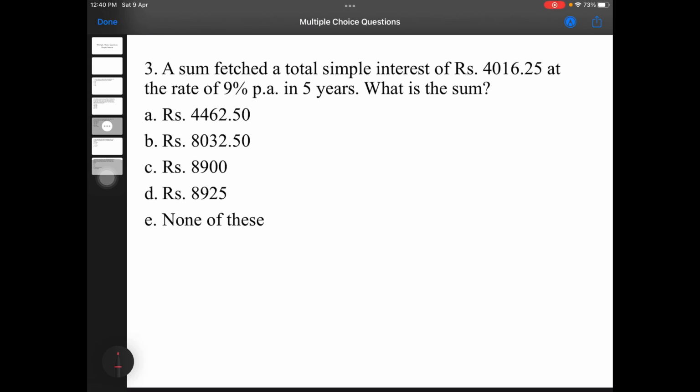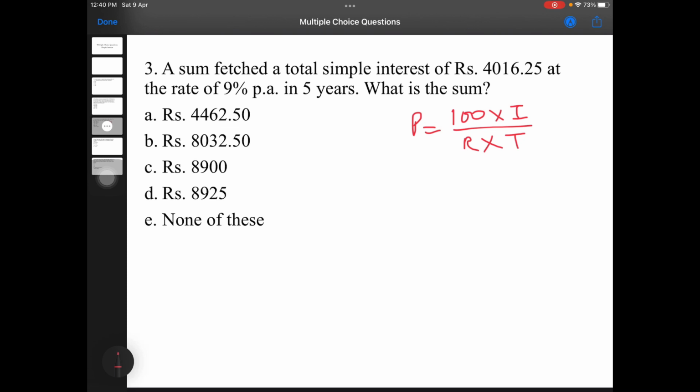So this question is a direct question. The question asks to find the principal amount. The data given is the simple interest, the rate of interest, and the time. The formula for finding principal amount is P equal to 100 multiplied by simple interest divided by rate of interest multiplied by time.